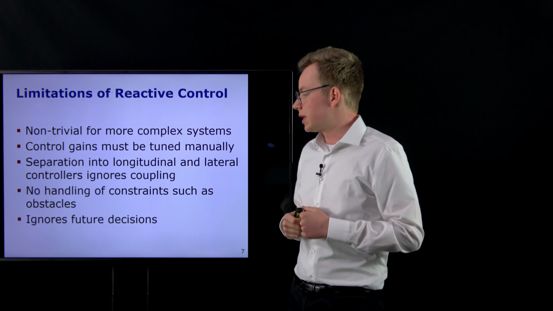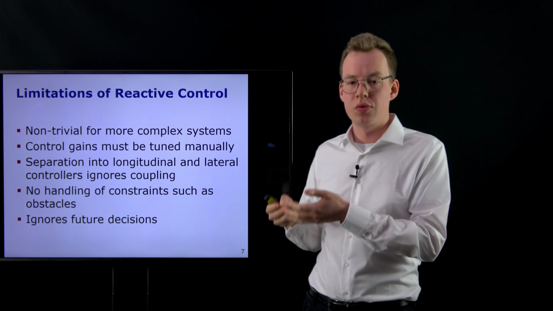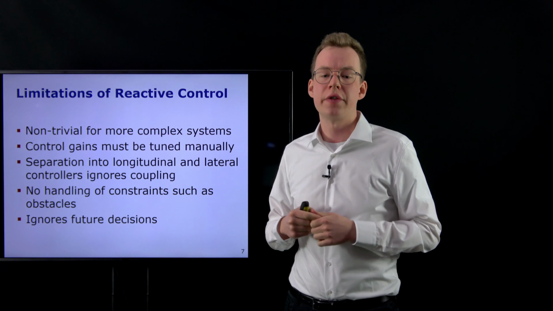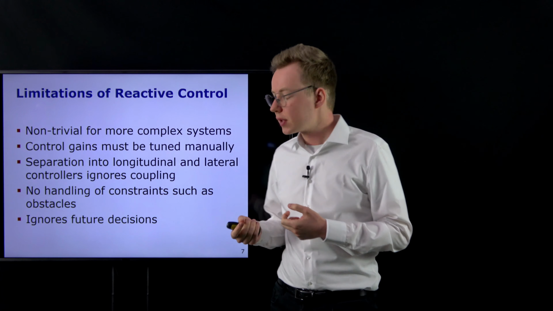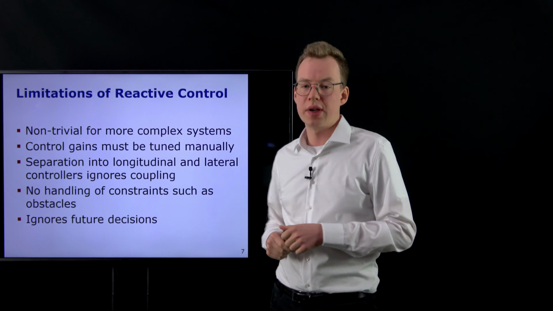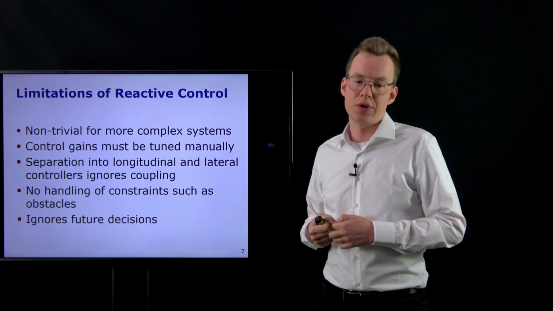Then another important limitation is that, for example, the Stanley controller is a rule that we can only use to track a given reference. But if there's a more complicated task, or we may want to avoid something like constraints or maybe other obstacles, then this is not immediately captured by this kind of controller.